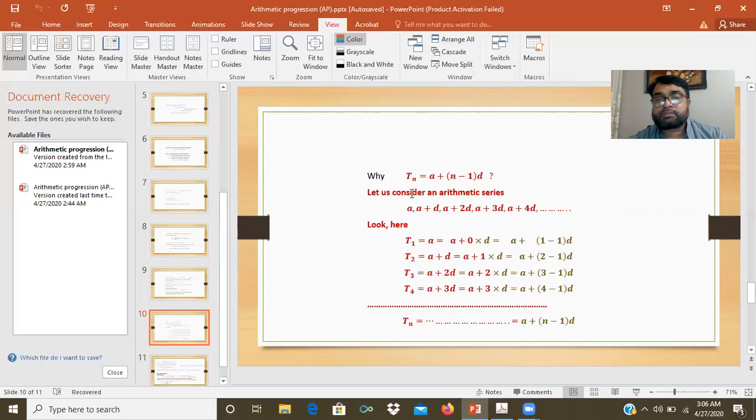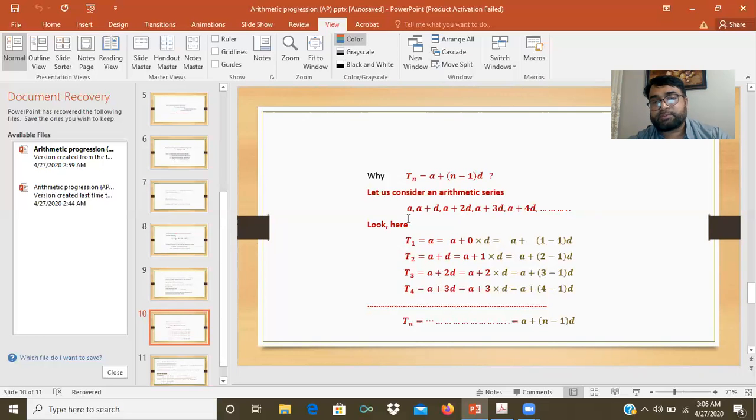If you see the pattern here, we can find out why the nth term formula is like this. Let us consider the arithmetic series to be a, then a plus d, a plus 2d, a plus 3d, then a plus 4d, and so on. Here d is the common difference, so we can add d successively to get the successive terms.